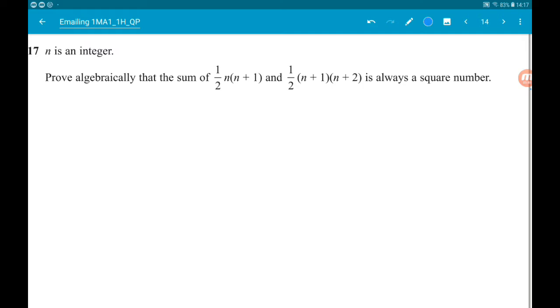So there is a quick way to do this, but it's probably just going to look scary, so what I recommend you do is expand everything and then simplify. So the sum means to add them together.